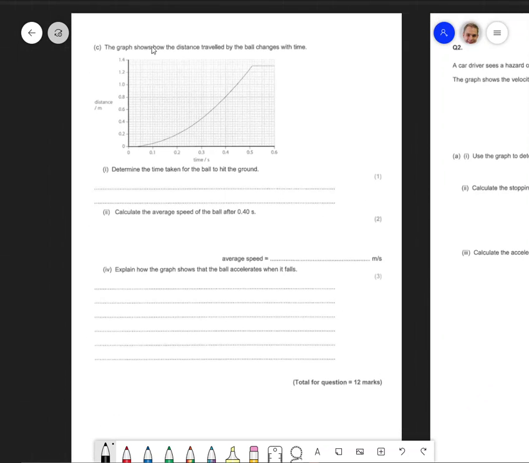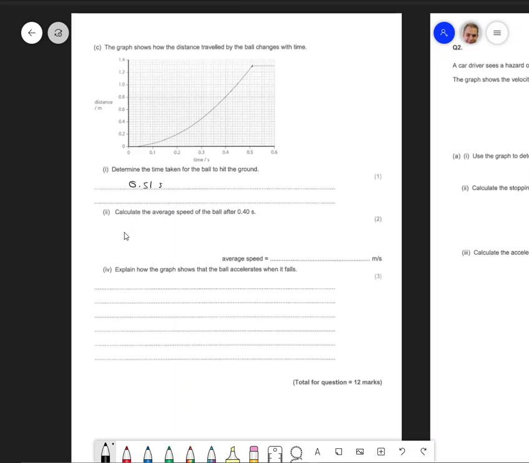The graph shows how the distance travelled by the ball changes with time. Determine the time taken for the ball to hit the ground. Well, it's going to be at this point here, which is 0.51 seconds. Calculate the average speed of the ball after 0.4 seconds. Now, this is actually a poorly worded question.